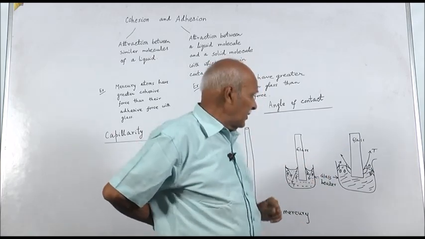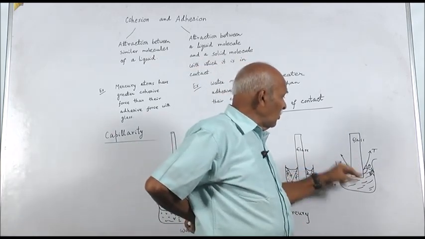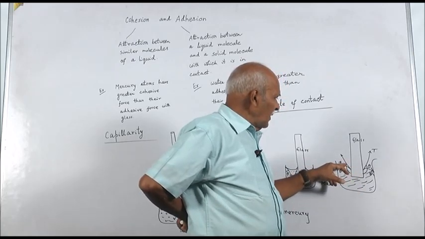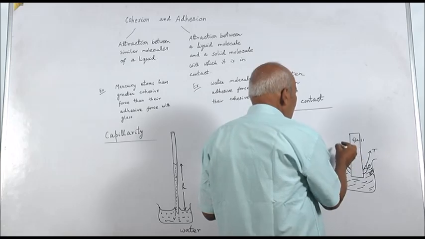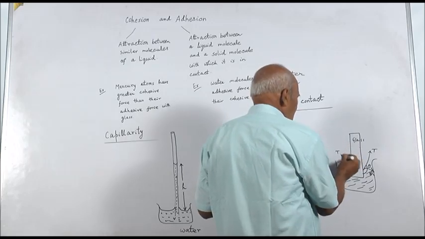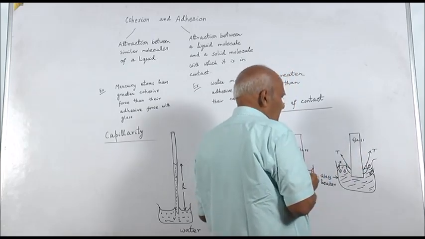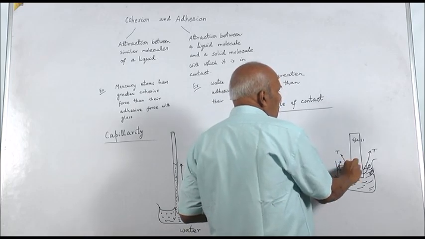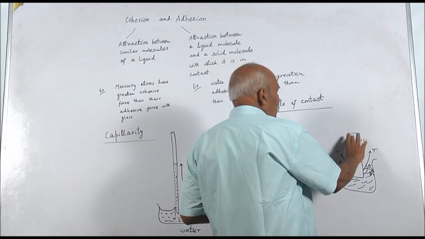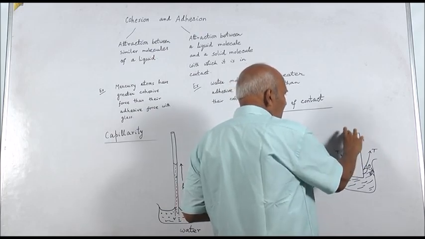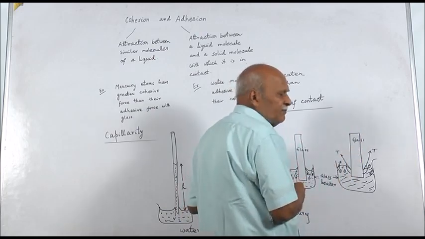That is the important point, because particularly for mercury, the tangent makes an obtuse angle with the portion of the solid inside the liquid. If you take the upper side of the glass, then it will be an acute angle.